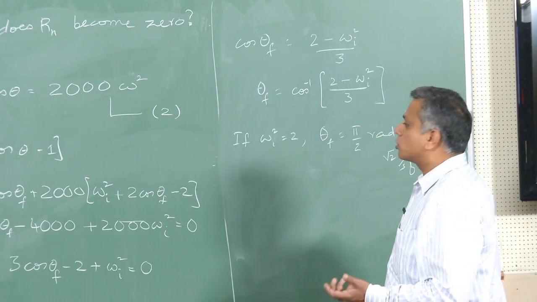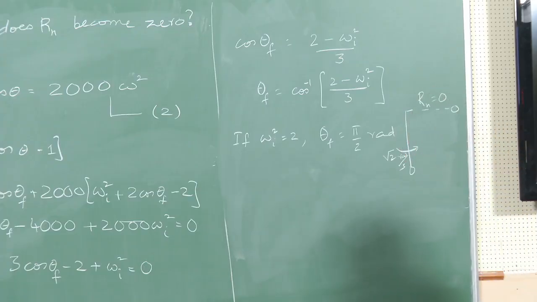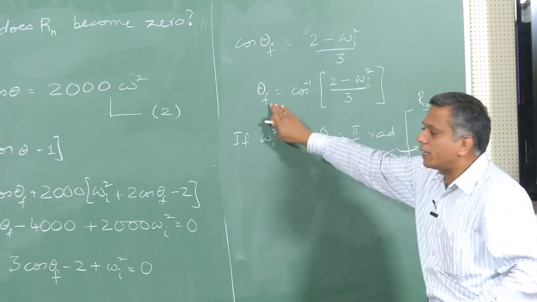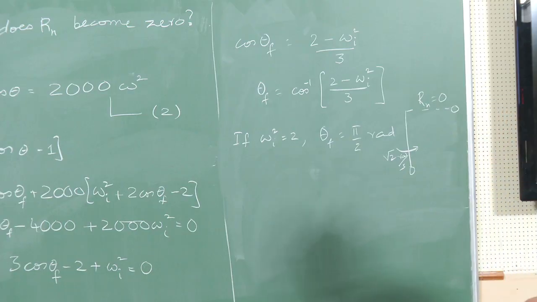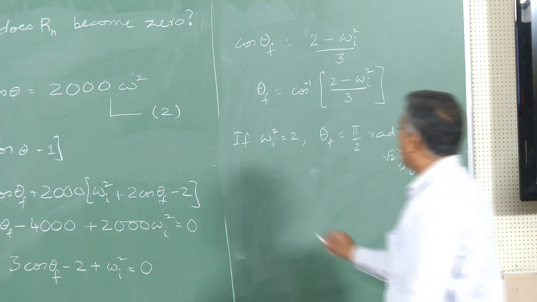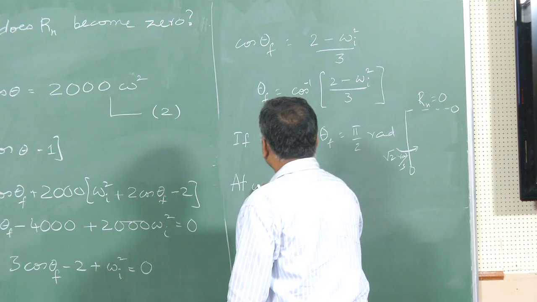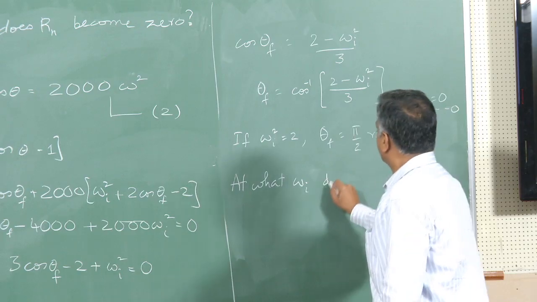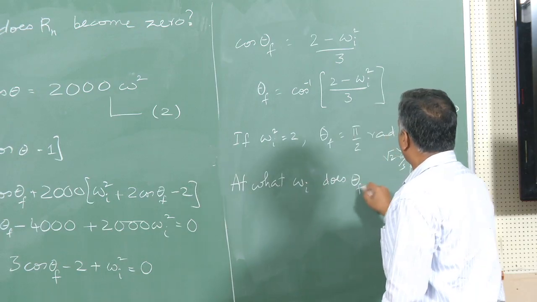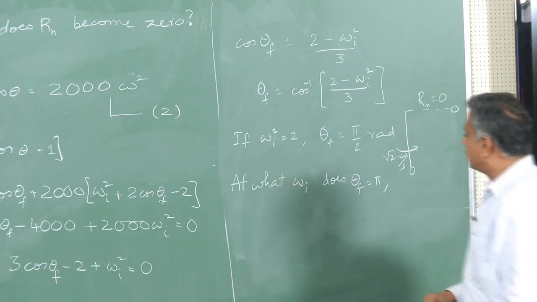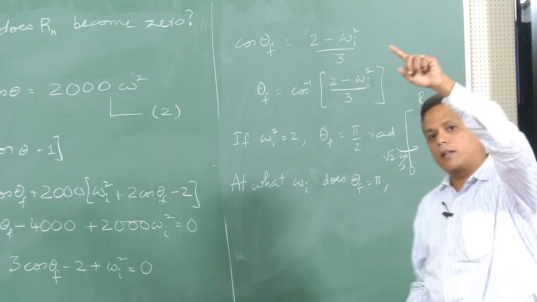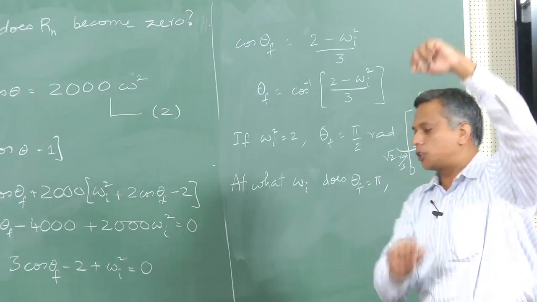So if I want to turn around and ask the question, at what omega I would theta f remain positive even all the way to theta f equal to pi? So at what omega I does theta f equal pi? This says that even at the top of the circle, the bar is only under tension.